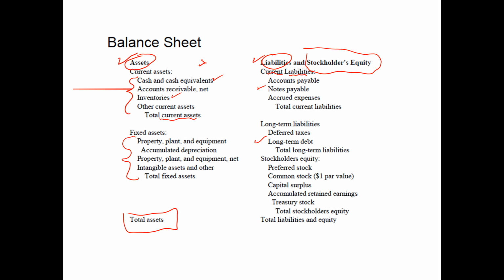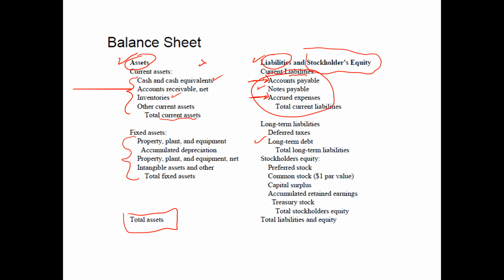Then I might have money that I owe to my suppliers. Those are accounts payable. Other accrued expenses. So these are things that have been built up that the company hasn't yet paid for. Things like bonuses that employees might have earned through the year and they haven't been paid yet. So these current liabilities are things that we expect to get paid within the next year.